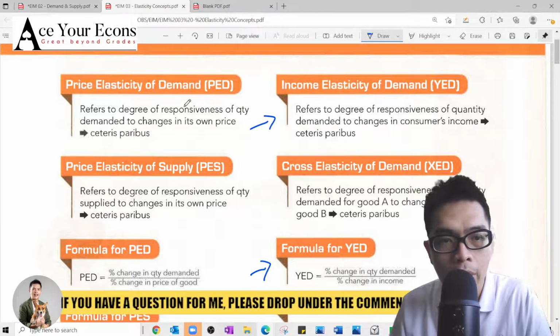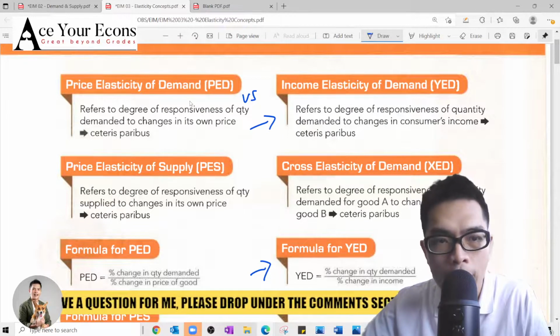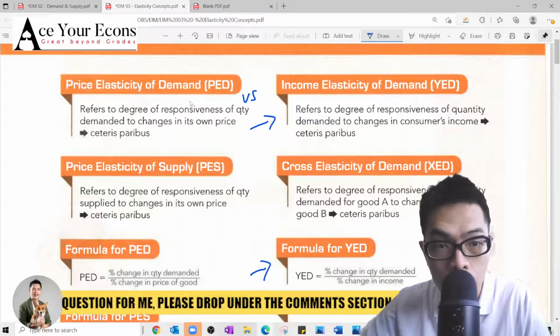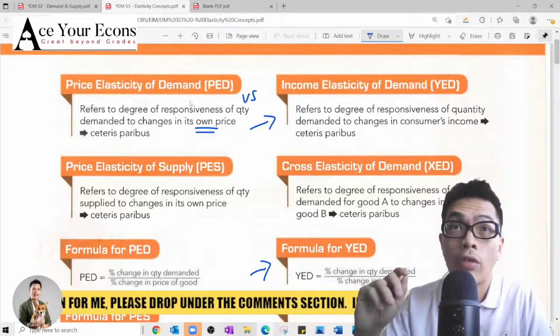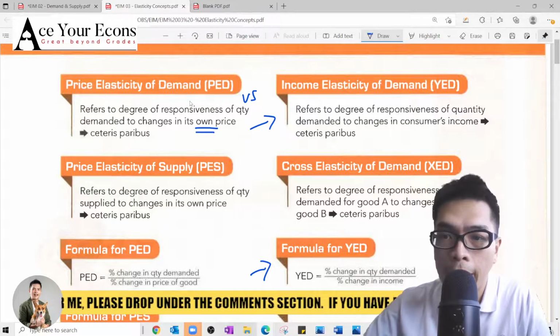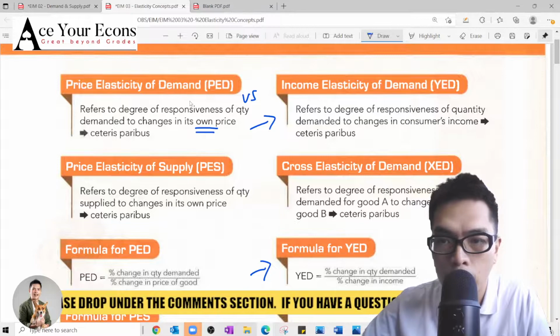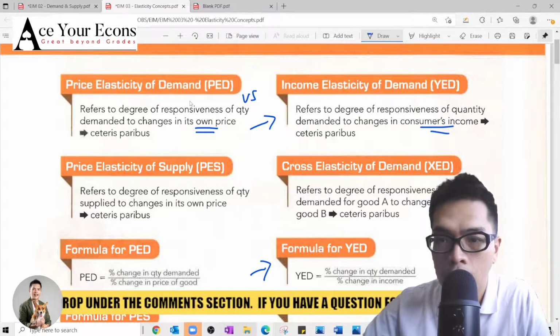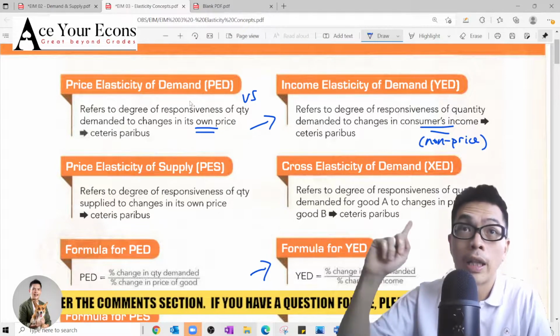So PED, we are actually looking at the degree of responsiveness of quantity demanded of a good to changes in its own price. Whereas for YED, we are looking at the responsiveness of quantity demanded to a good with respect to changes in consumer income. So this is non-price. Okay, so please bookmark this.